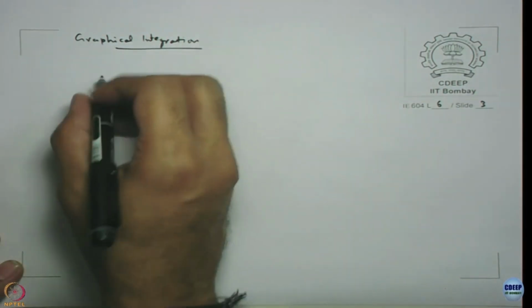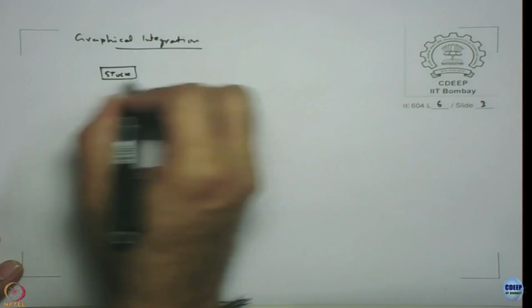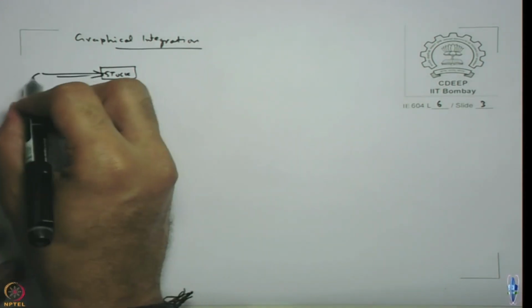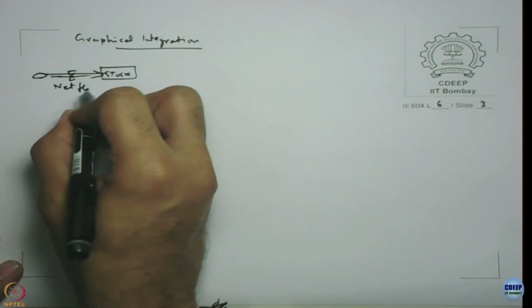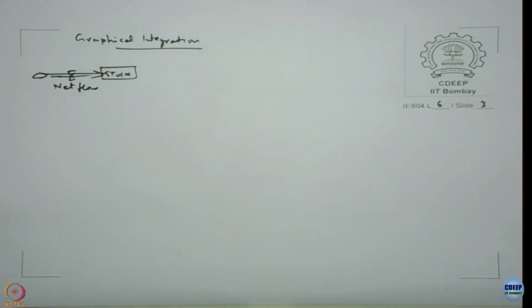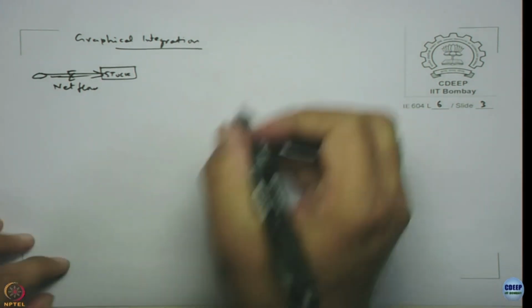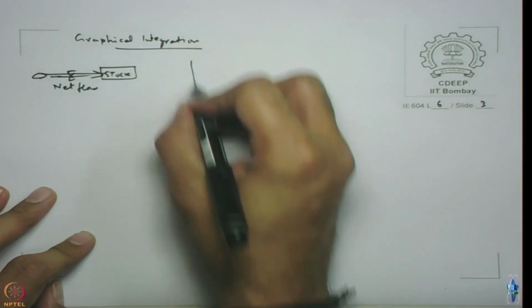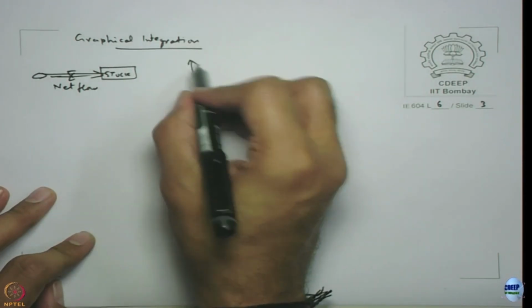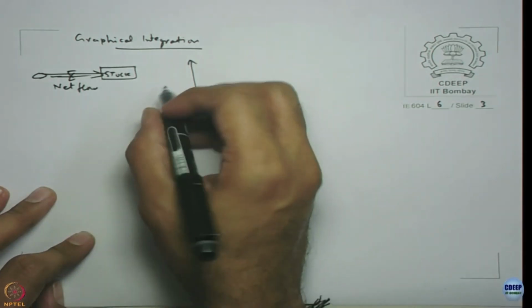Let us consider a simple example like this. I have a stock and I have a net flow into the stock. The x axis is always time unless otherwise stated.